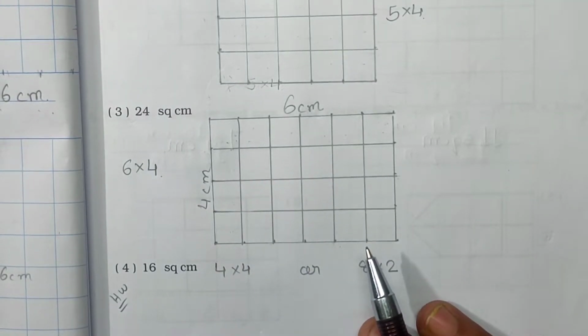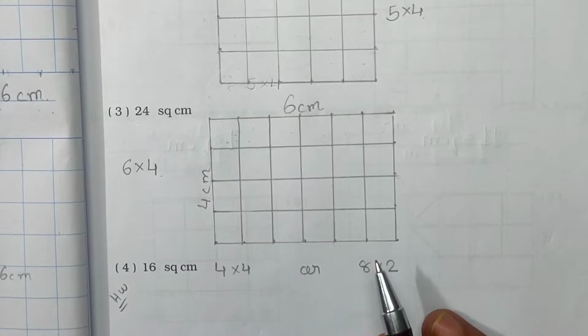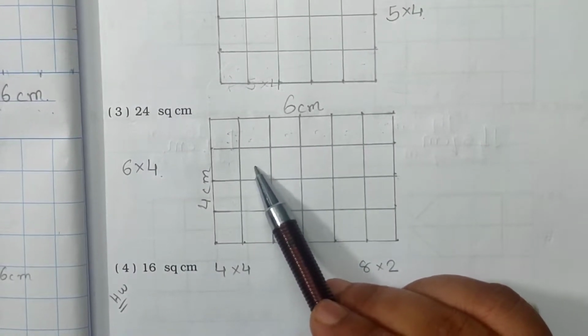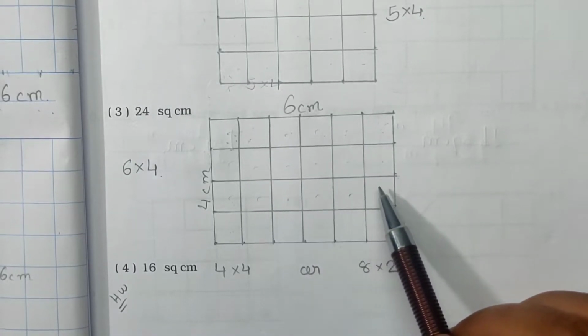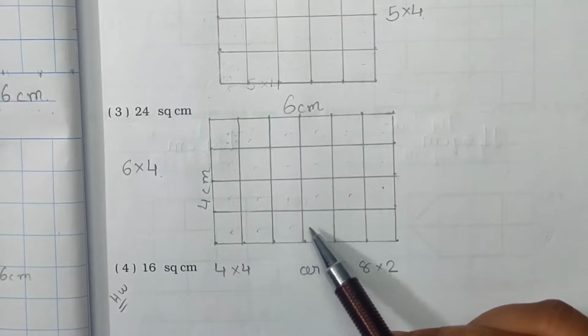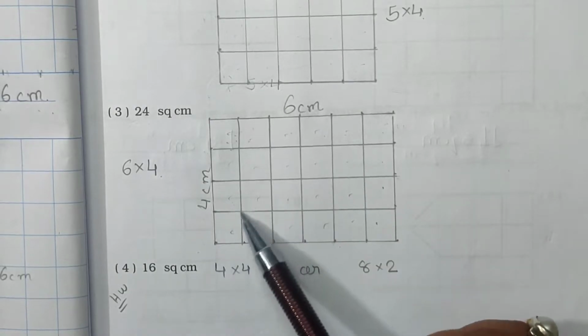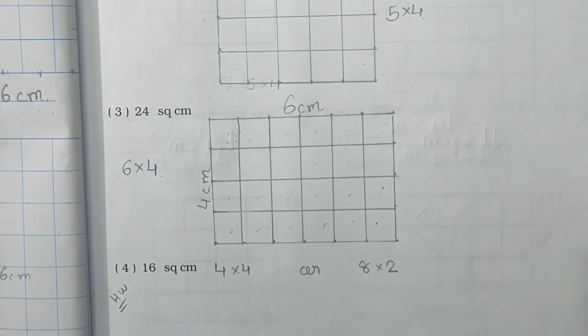And 6 fours are also 24, and another way, 12 twos are also 24. So both ways you can draw. See here, 1, 2, 3, up to 24. So 6 multiplied by 4 I have drawn here and it becomes 24 square centimeter.